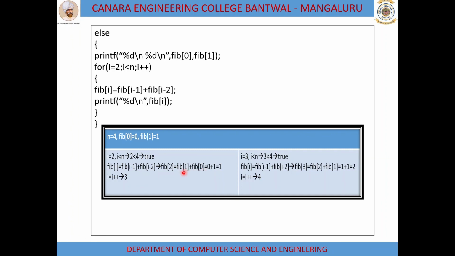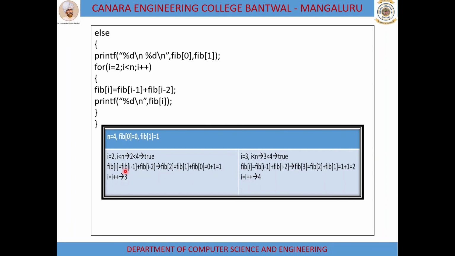So fib[1] plus fib[0]. fib[0] is already stored in the array, so that is 0, the first number, plus the second number is 1, that is fib[1]. So 0 plus 1, that is 1. It will be stored in fib[2], the third number, and I'll have to display that with printf "%d\n", fib[2]. fib[2] is now 1. So I have displayed now 0, 1 and 1.